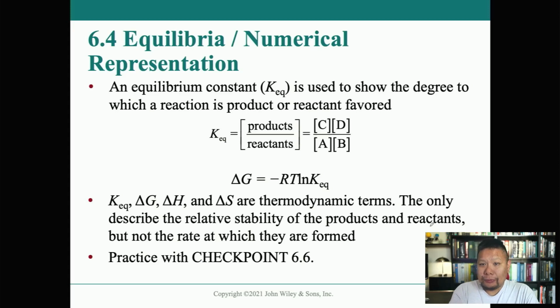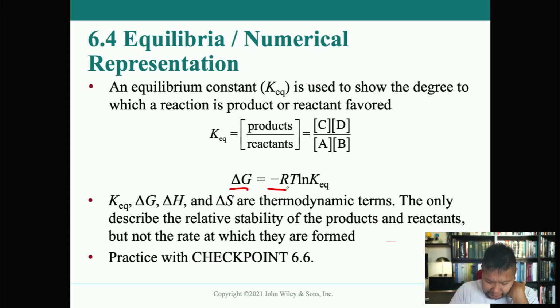What's interesting about this, though, is that you can determine these variables experimentally, because delta G equals the negative of R, what is R? Is that the ideal gas constant?